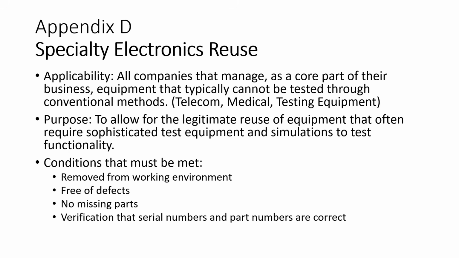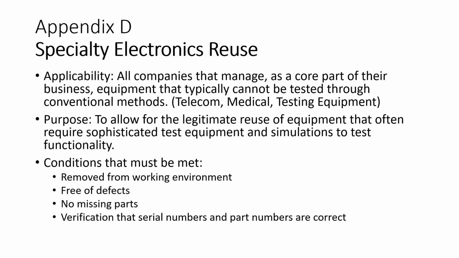There are also specific requirements within Appendix D for product return, that the equipment shall be accepted back at no cost to the customer at any time, as well as specific labeling requirements for all equipment being sold under the specialty electronic reuse classification.